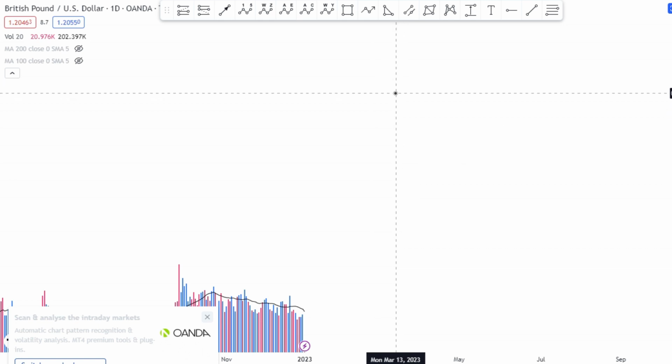One most important thing that Elliott wave theory pertains to is the structure.